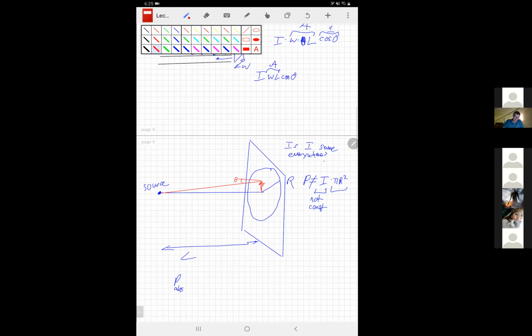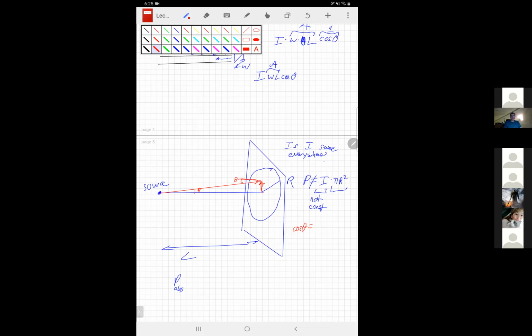We're going to have to work in polar coordinates. So let's see here. Cosine theta would be, well, here's theta. This is the angle between the direction of the ray and the thing perpendicular to the surface.